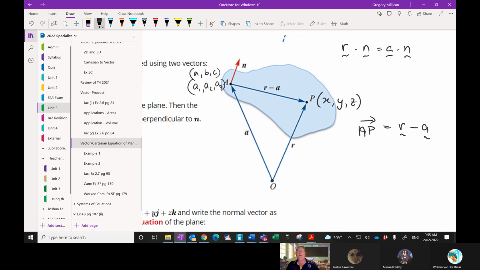The second piece of information that we know is that n, the normal, is perpendicular to the plane. So if I have a vector perpendicular to the plane and a vector on the plane, I've got two vectors that are perpendicular to each other. What mathematical relationship do we know about two perpendicular vectors?